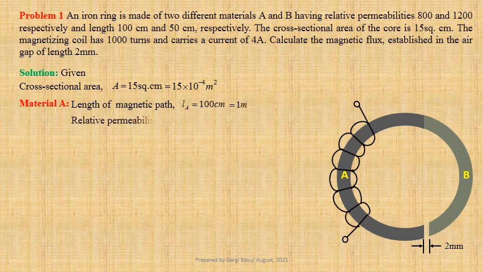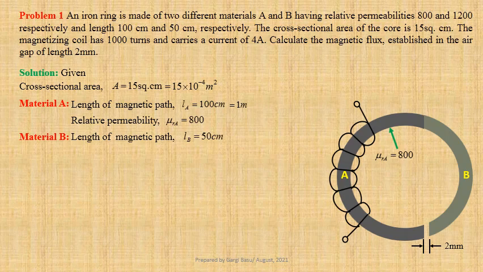Relative permeability mu r A equals 800. For material B, given length of the magnetic path LB equals 50 centimeters, that is equal to 0.5 meter. Relative permeability mu r B equals 1200.